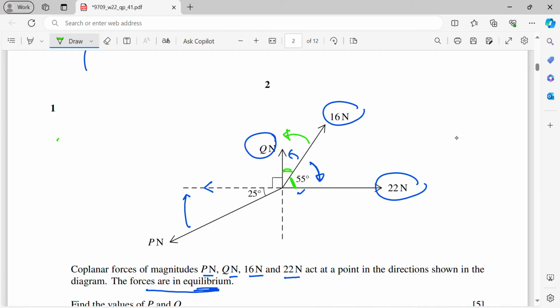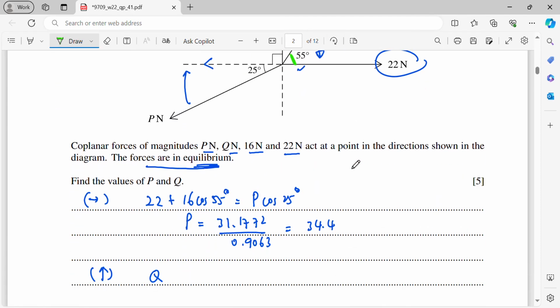So when you are using 55 degrees to resolve vertically 16 newtons, you have to use sine. Therefore, when I resolve 16 newtons vertically, which is in the same direction as Q, that will be 16 sine 55 degrees. Or probably you can just count what is the angle of that. So plus 16 sine 55 degrees.